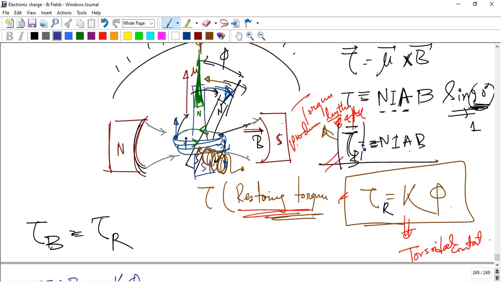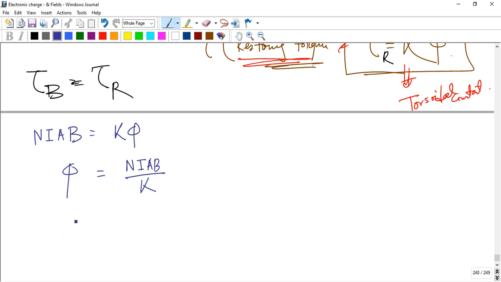Obviously N is a constant, the number of turns, A is the area, which is constant, and the external magnetic field, suppose there is a horseshoe magnet or any type of magnet here, is also constant. So I here is the variable. N is constant, A is the constant cross-section area, B is the external magnetic field, and K is the torsional constant.